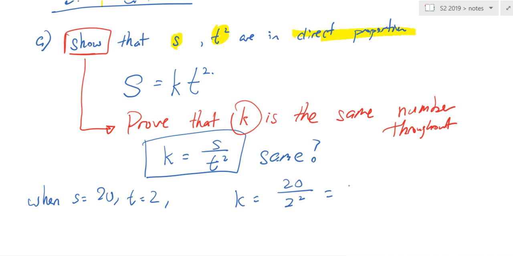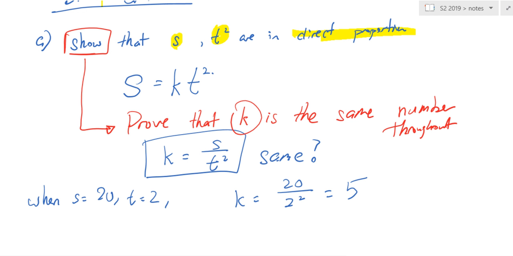Okay, 5. But having one set doesn't mean it's always the same. So what do you think I have to do? Sub in the second set. Sub in the third set. If later all the K is 5, 5, 5, what can you say? They are in direct proportion. If later you see 5, 6, 9, that means not in direct proportion.